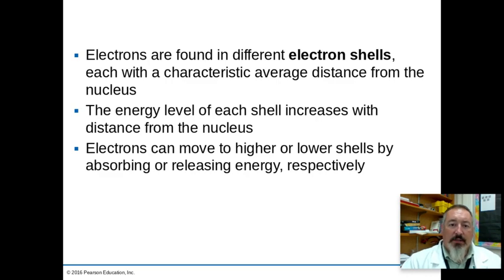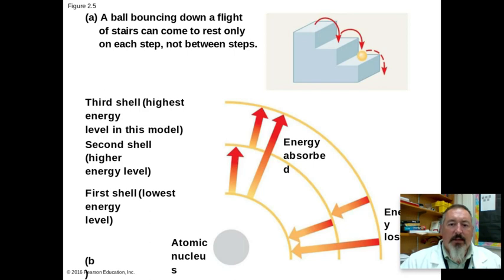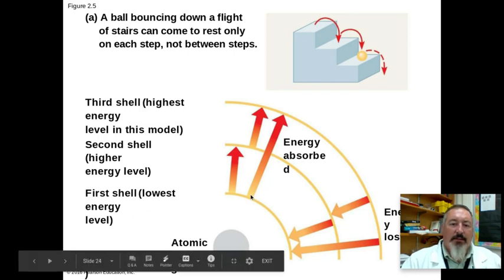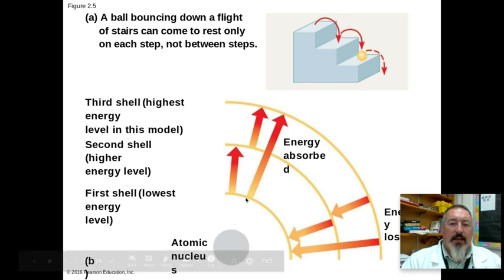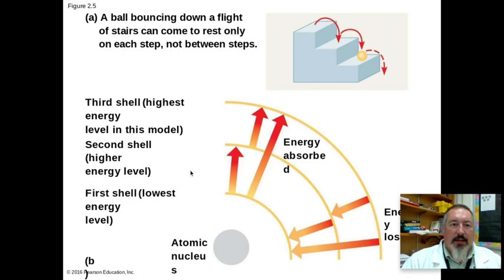With each increasing shell, the distance from the nucleus increases, and so we're going to have energy affected as a result of that. This is the closest to the actual nucleus, and as it progresses outward, we can see energy absorbed as it is essentially moving. The highest energy level is going to be this third shell shown in this image here.